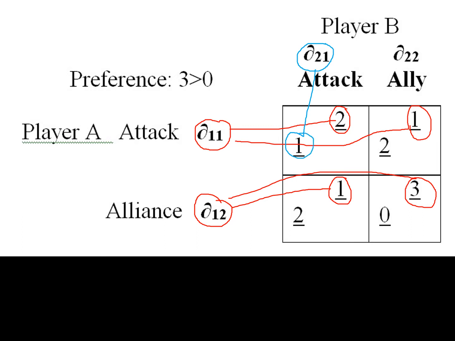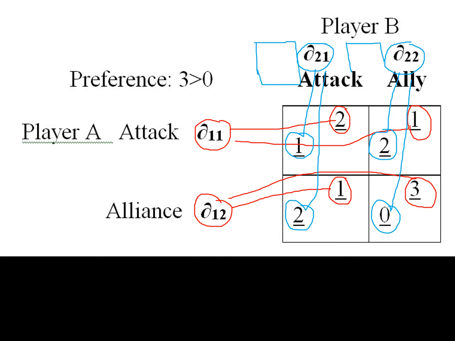And we're going to do the same for player B. So we're going to take theta 2,1 for player B and multiply it times 1 plus theta 2,2 times 2. And then we're going to make it equal to theta 2,1 times 2 plus theta 2,2 times 0. And we're going to solve those two equations separately, independently, and we're going to isolate the variables, and we're going to end up with a number.